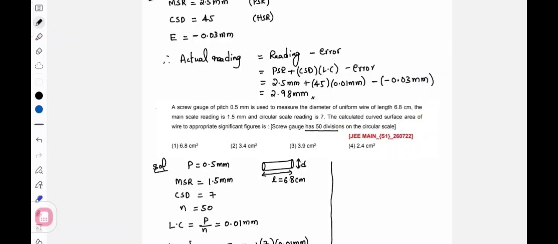Okay, but that's not the answer. They're asking for the calculated curved surface area. Surface area of the cylinder, formula 2 pi R L. This is the diameter, but I need the radius, right?